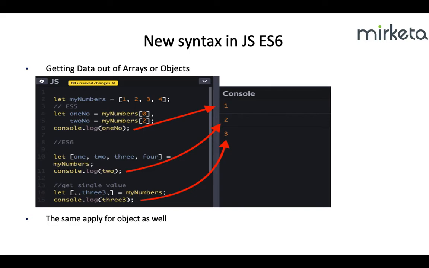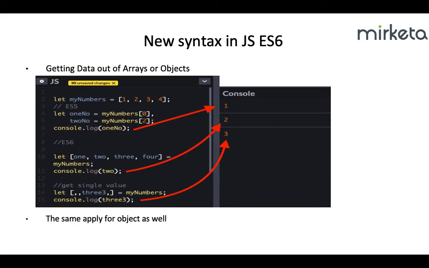But if you see the below ES6 lines of code, we can assign directly to the variables, like line number 10. Here, we directly assign my numbers to 1, 2, 3, 4 separately. So retrieving variables is also easier here.